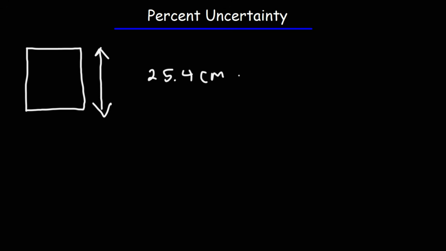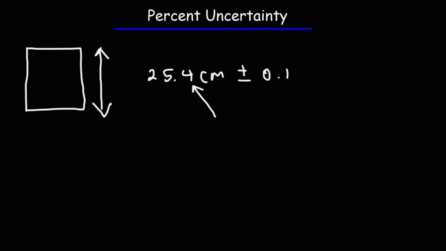So we're going to add our estimated uncertainty, which is going to be 0.1. It's based on the last digit. So if your measurement rounds to the tenths place, your uncertainty will be one significant digit in the tenths place.